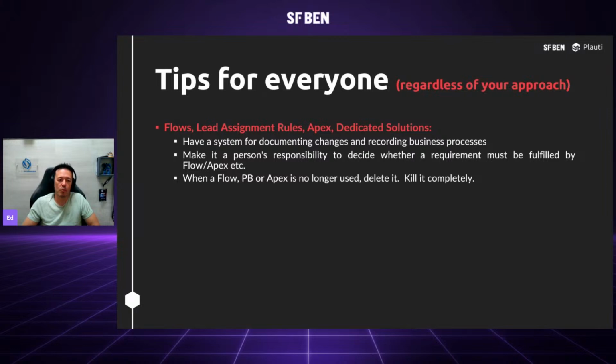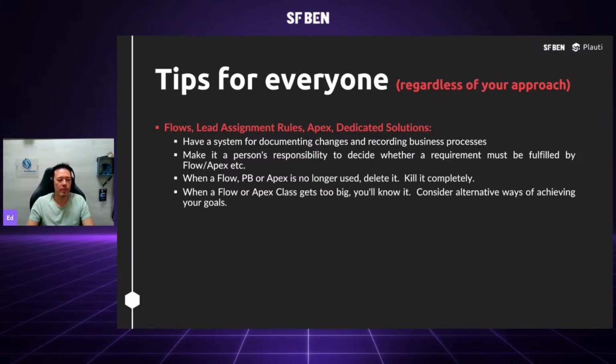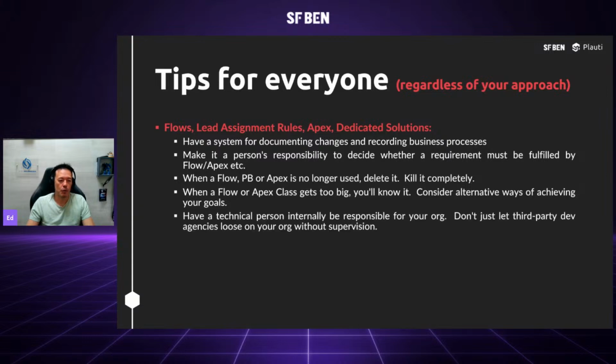In a more mature org, if you've got years worth of old flows and old Apex hanging around, that can really mess things up. And in a similar vein, when flows get too big, then you'll know about it. Things will start breaking. Things will start getting really hard to change and manage. So this is where you want to consider alternative ways of achieving these goals.